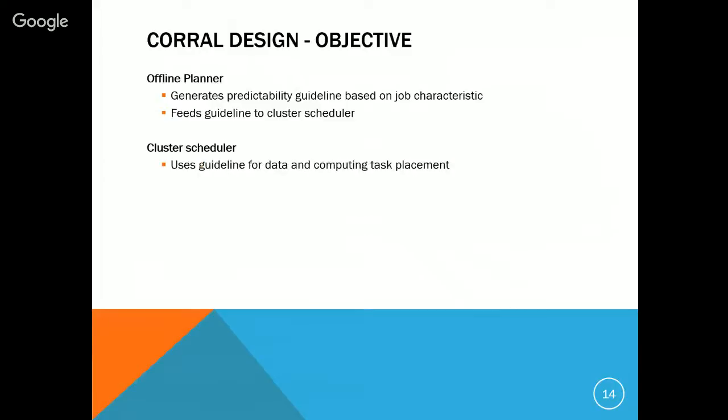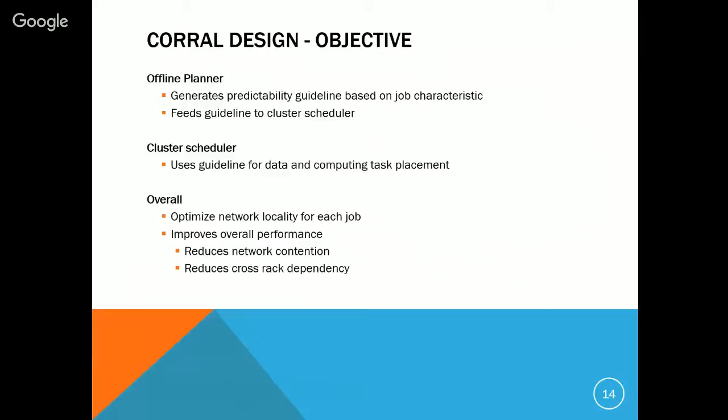We are talking about using guidelines for data and computing task placement. Overall, we are talking about optimizing network locality for each job, as well as improving overall performance. Overall performance is really about reducing network contention, as well as the cross-rack dependency that big data centers are trying to improve.